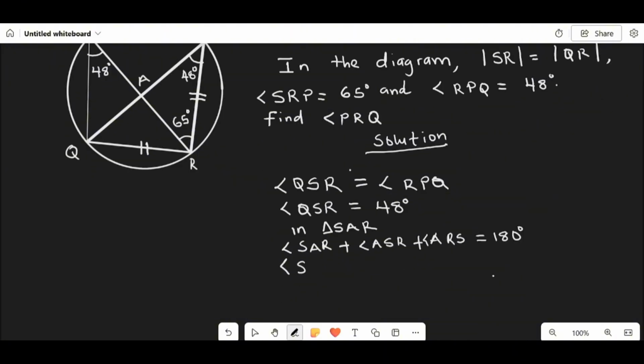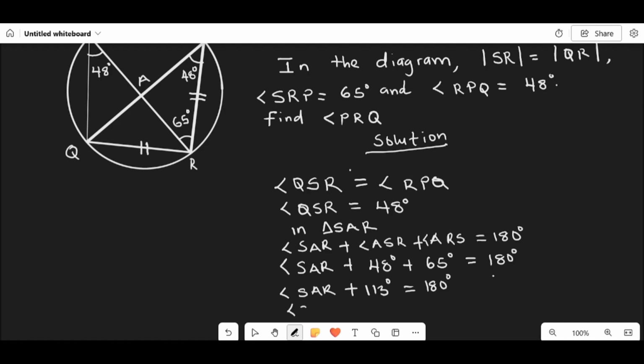Angle XAR plus 48 degrees plus 65 degrees is equal to 180 degrees. Angle XAR plus, if we add 48 degrees plus 65 degrees, is going to give us 113 degrees, equal to 180 degrees.